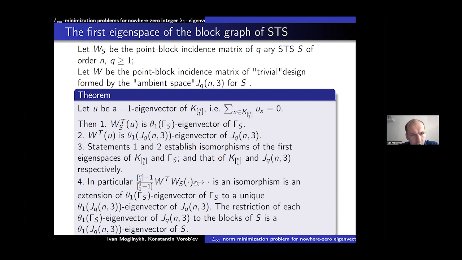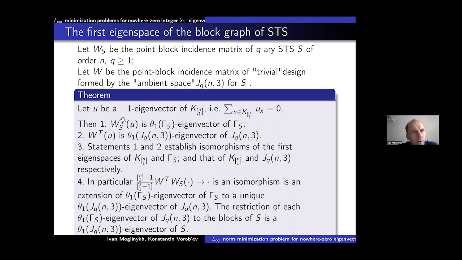And actually, we can say a little bit more. We can say that any first eigenvector of the block graph can be extended to the first eigenvector of the Grassmann graph in a unique way. By an extension, I mean just adding some extra elements to the vector.